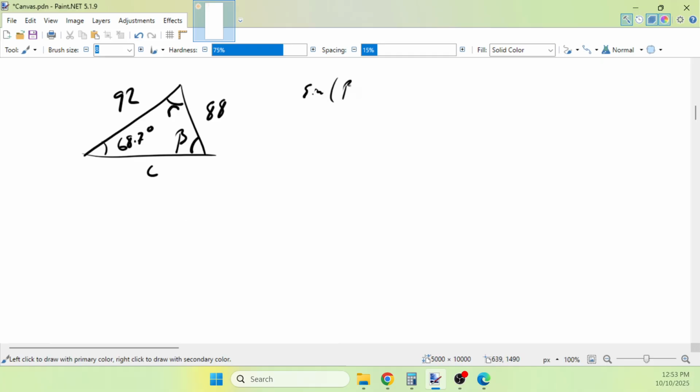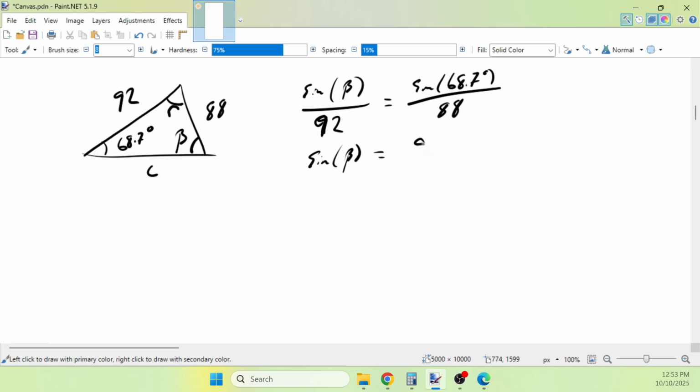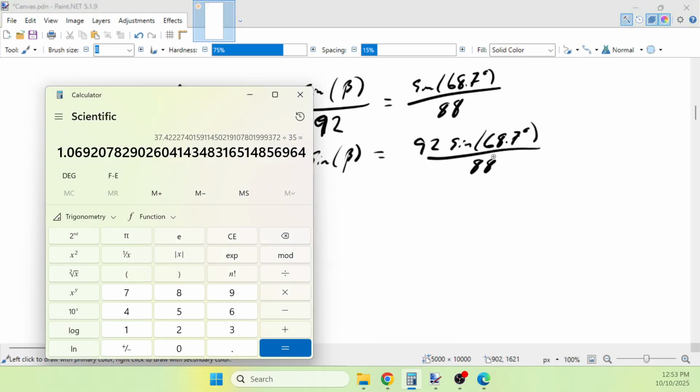Sine of beta over B equals sine of alpha over A, so sine of beta equals 90 sine of 8 over A. Get our calculator.